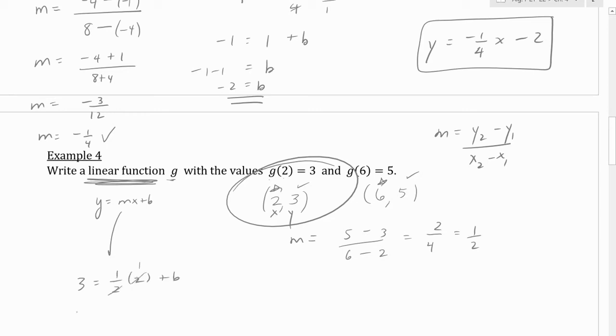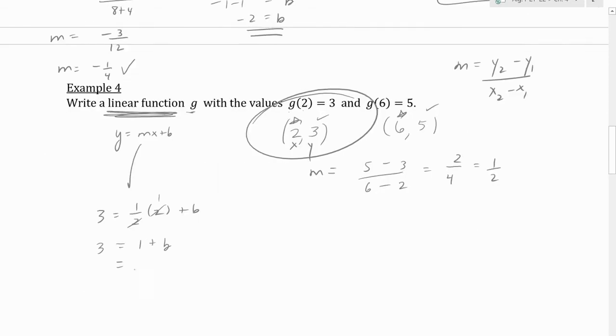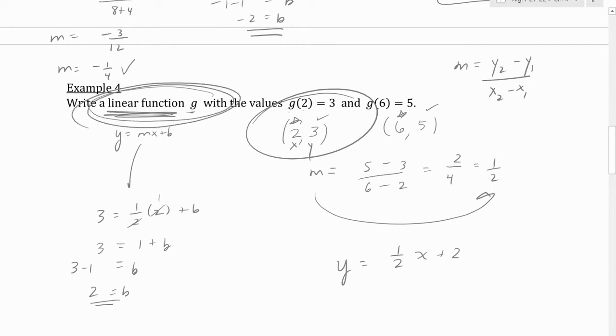Half of 2 is 1. Subtract 1 from both sides. There's b. There's m. So if you just wrote it like a regular old line, y equals 1/2 x plus 2. But they're saying call it function g.